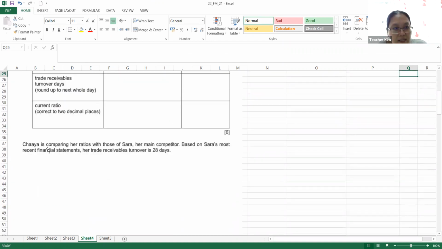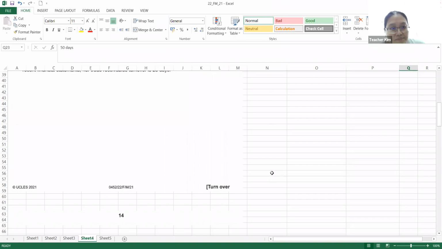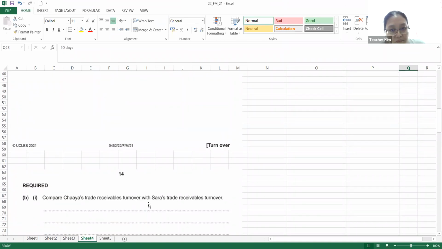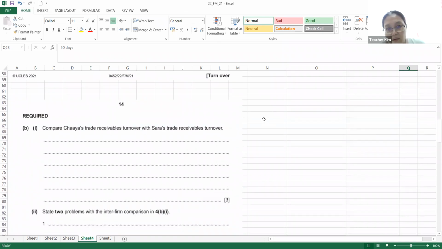So now next is that Chaya is comparing her ratio with those of Sarah, her main competitor. Based on Sarah's most recent financial statement, her trade receivable turnover is 28 days. Here she has 50 days. Compare Chaya's trade receivable turnover with Sarah's trade receivable turnover. 3 marks.